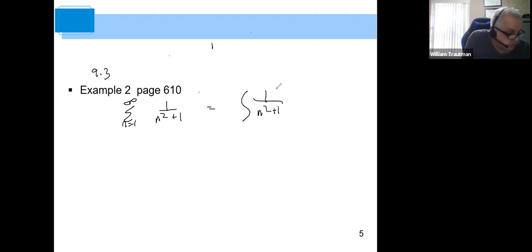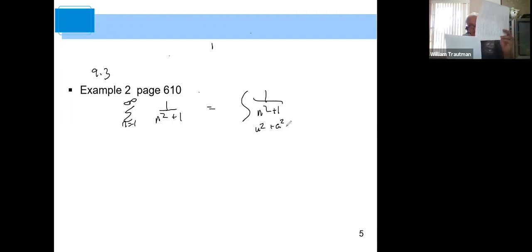There's a rule somewhere that if you go to your sheet of 100 and look up u squared plus a squared, where u is n and a is 1. Where is it?